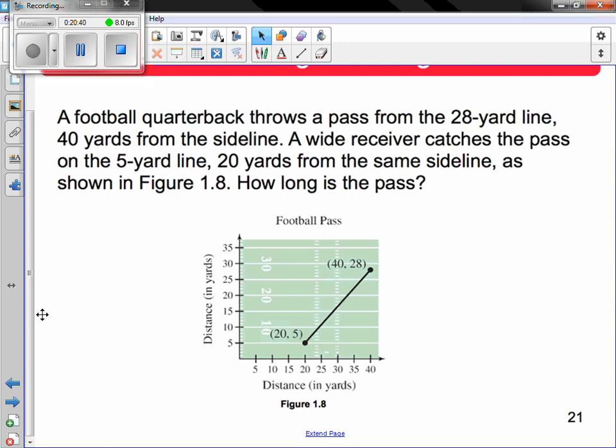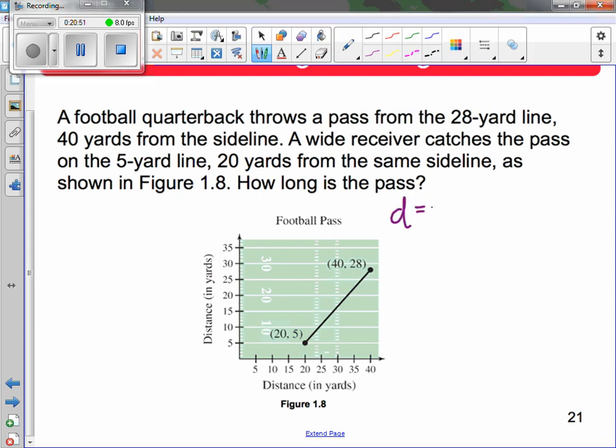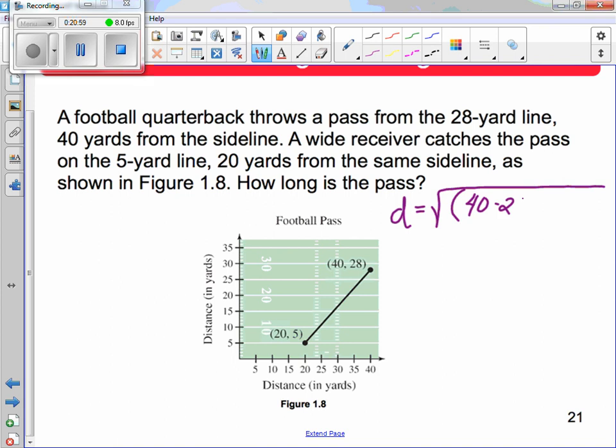How would we find the distance, or how long is the path? Well, kind of gave it away, the distance formula. So the distance equals the square root of, minus 5.